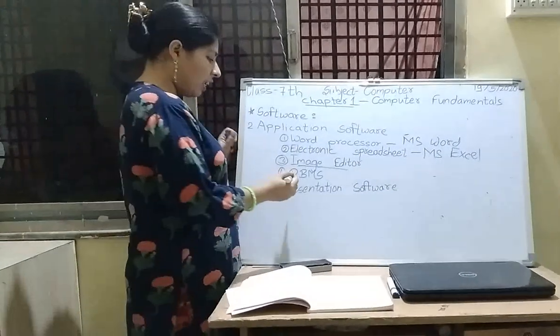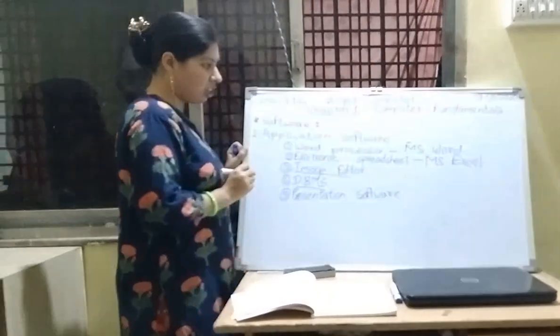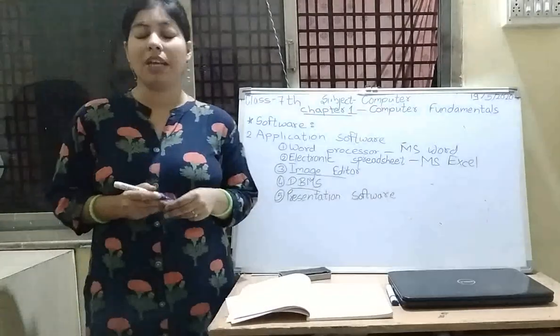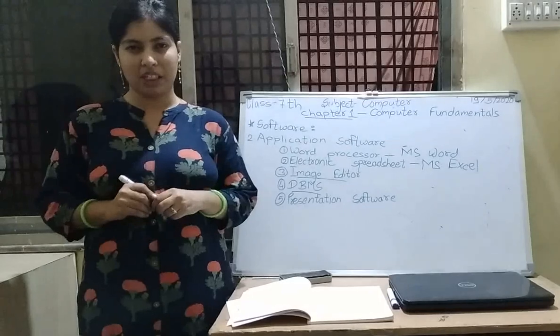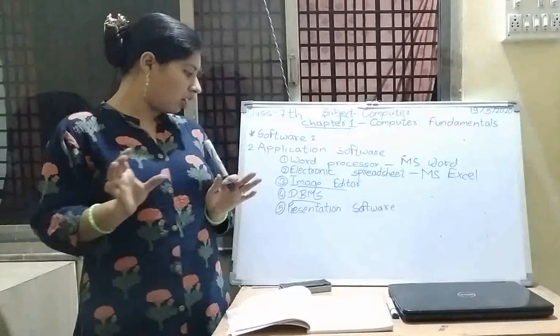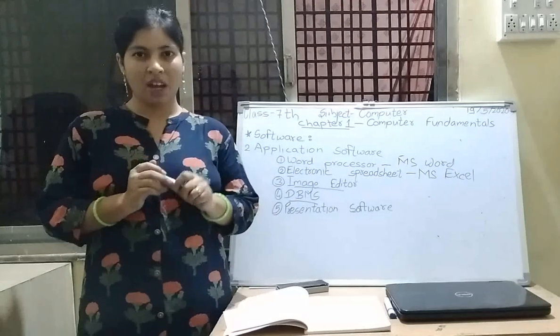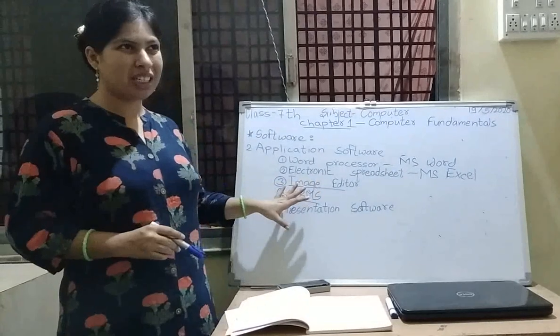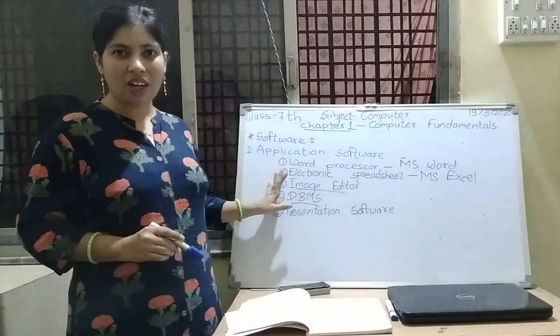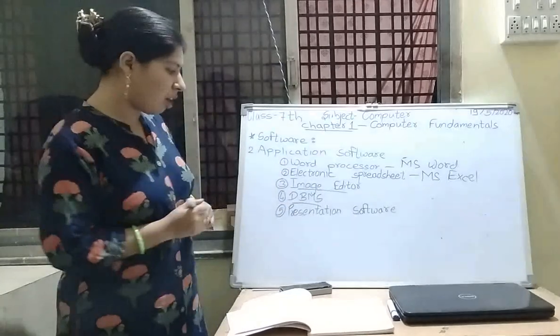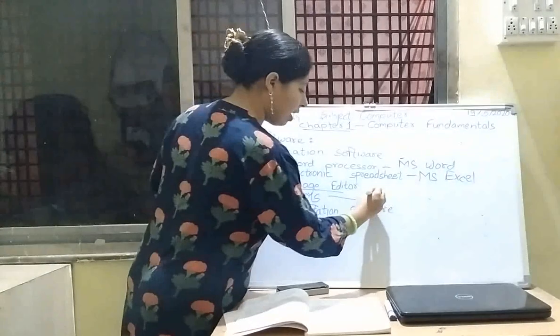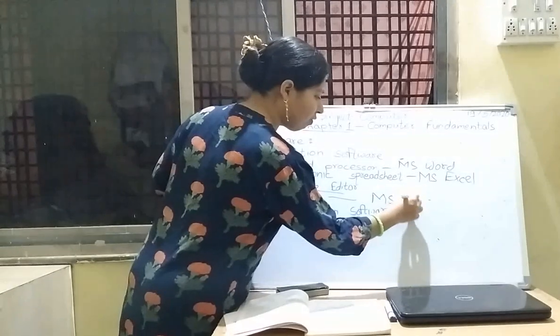Now the next type of application software is DBMS. Now what is this DBMS? DBMS stands for Database Management System. Now this database management system is a software. The example of DBMS is MS Access, Microsoft Access.